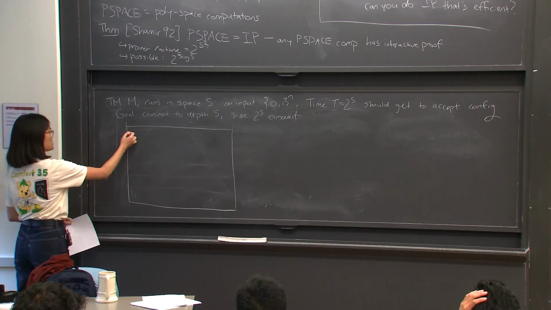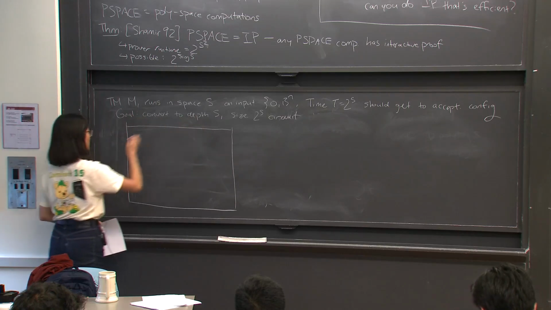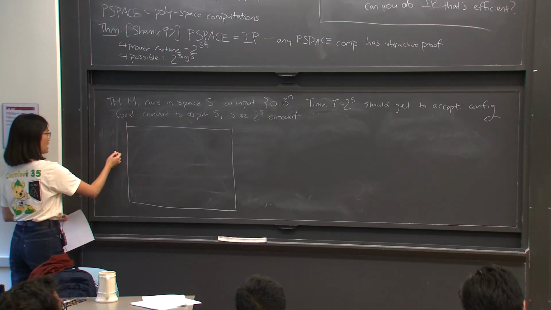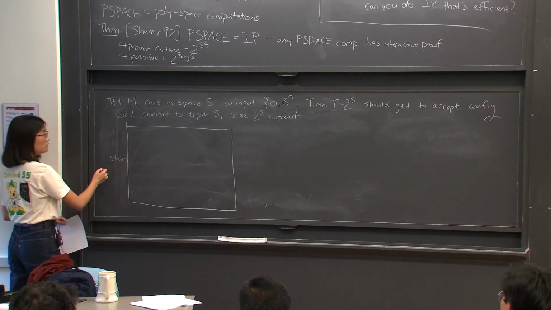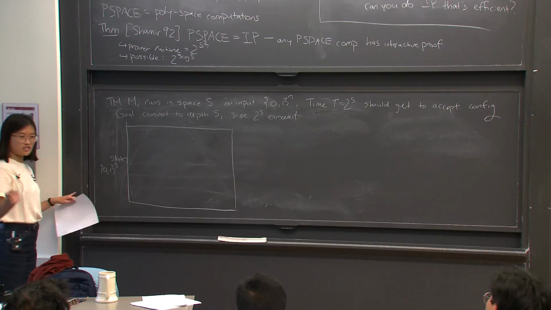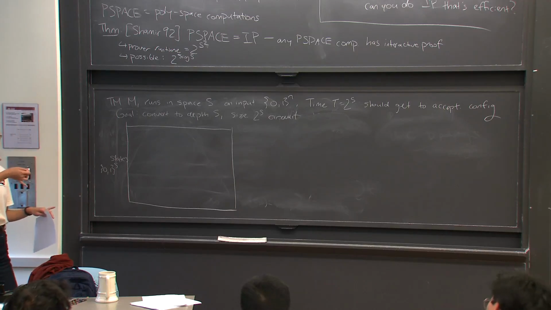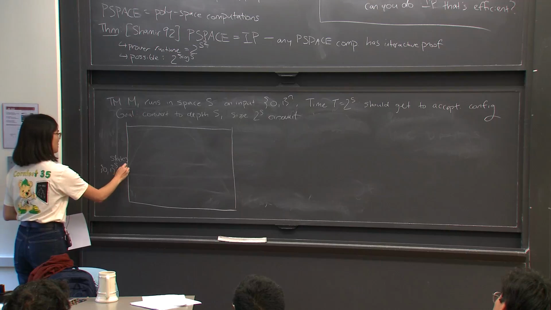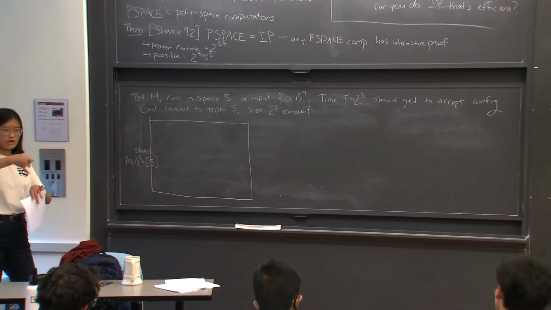We're going to have a bunch of different possible states here, and a bunch of different possible states here. So how many possible states are there? Well, there is 0, 1 to the S, because that's what the state could actually say on the tape, but that's also where the Turing machine is right now, so times the index in S to say where the Turing machine is right now.